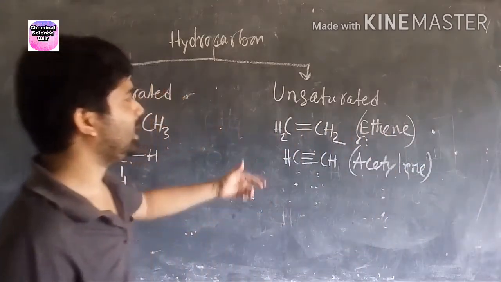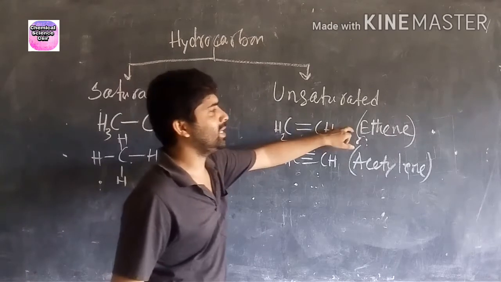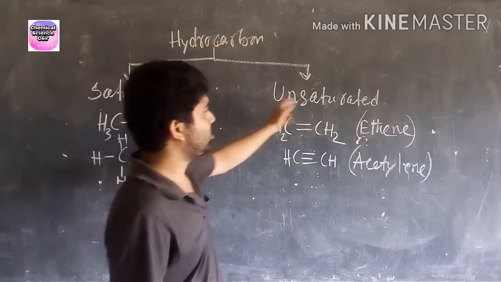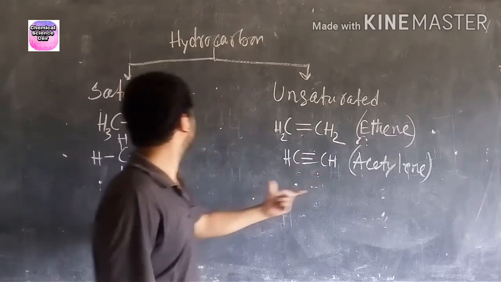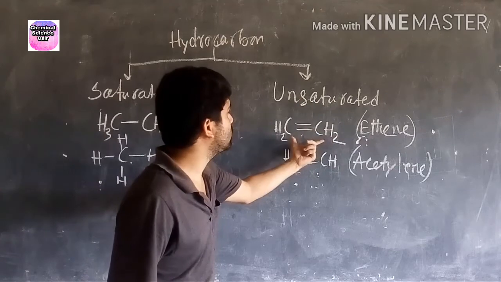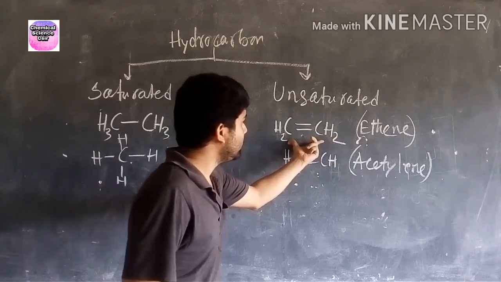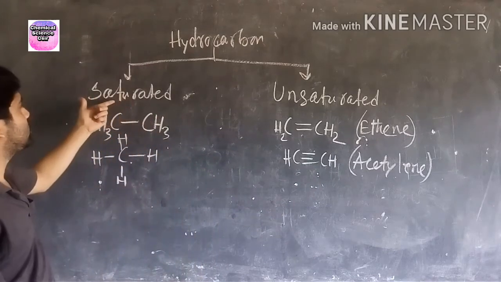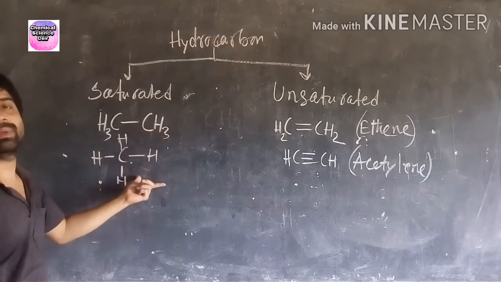Another name of ethene is ethylene. So ethene and acetylene are examples of unsaturated hydrocarbon, and ethane and methane are saturated.